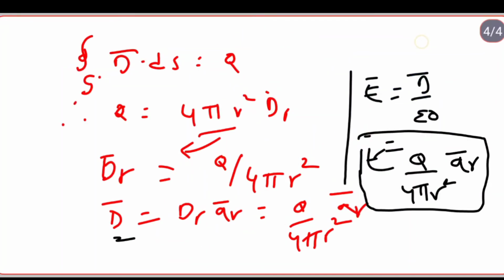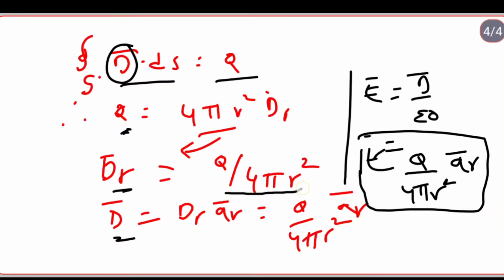After that we have to equate the charge q. Now we integrate over the surface, D dot dS equal to q. That is q equal to, from this equation, already we obtained D dot dS as 4 pi r square dr. Therefore Dr can be written as q by 4 pi r square.